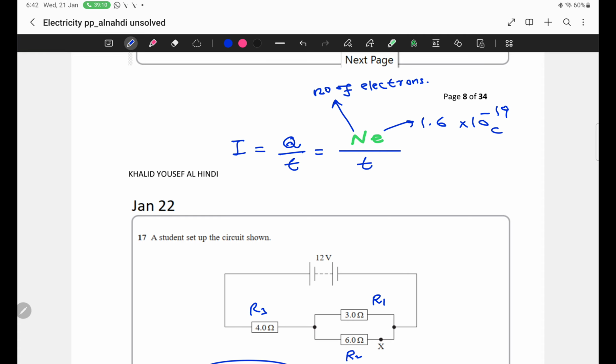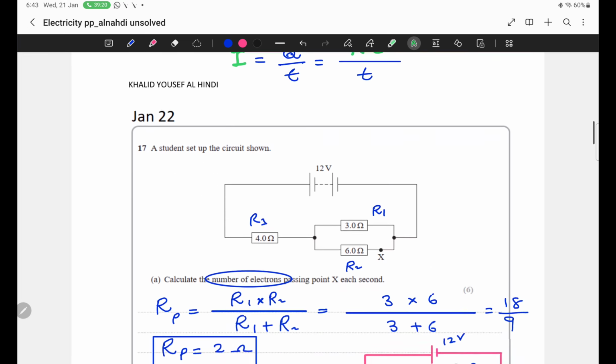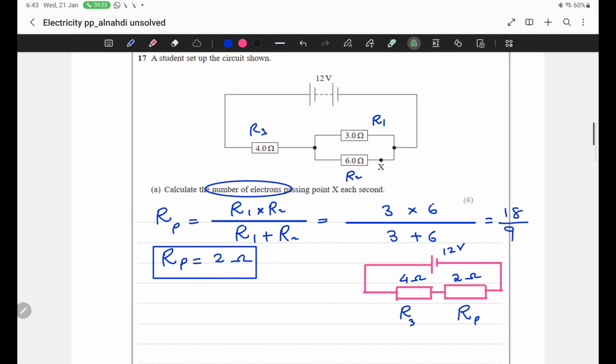So sir, to calculate N, the number of electrons, you have to first calculate the current of R2. This is the main question. You have to calculate the current of R2, but you do not know the total current coming from the battery.